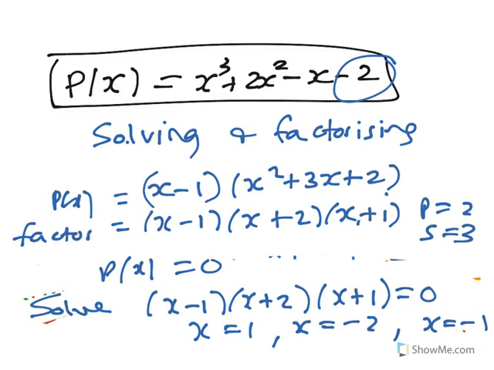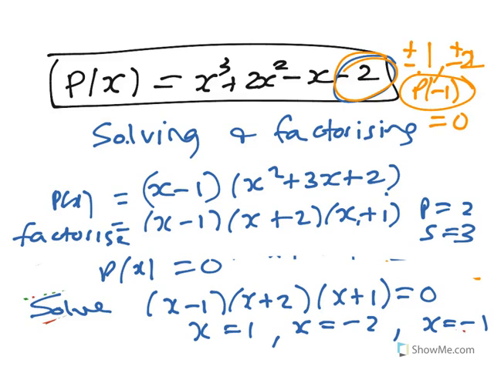This one here is factorise. So just to refresh, your basic steps: you look at the constant number and then you find its factors. And you put p of all of those things in. So you just try one of them. If you get 0, then that would be a factor.